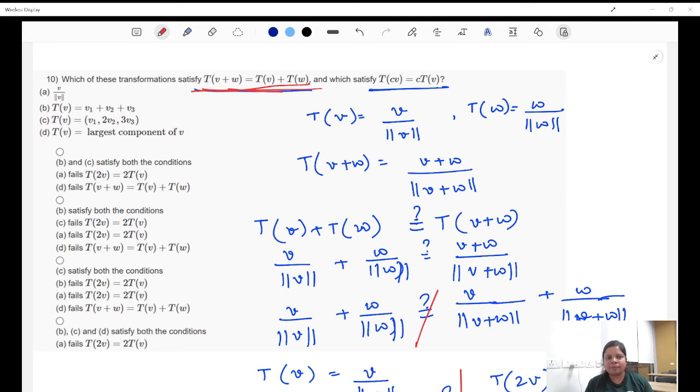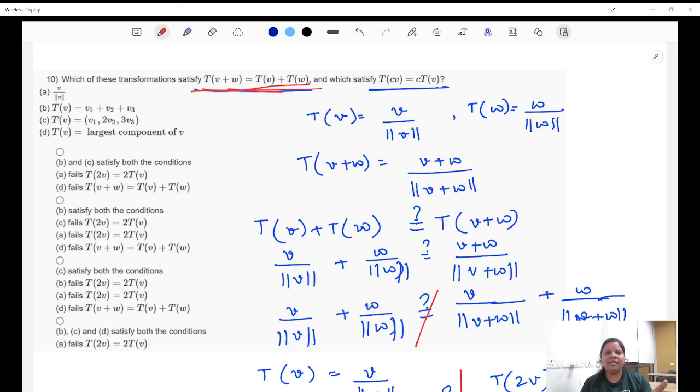So it is basically a set of numbers that you have together. Now what we are going to do is TV is V1, 2V2 and 3V3. Similarly, you write TW to be equal to W1, 2W2, 3W3. You add both of them.